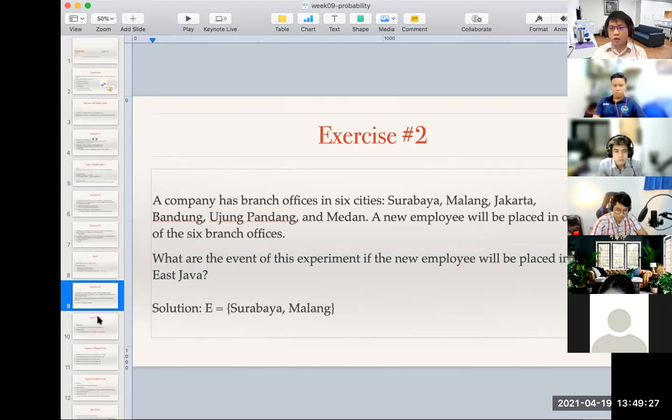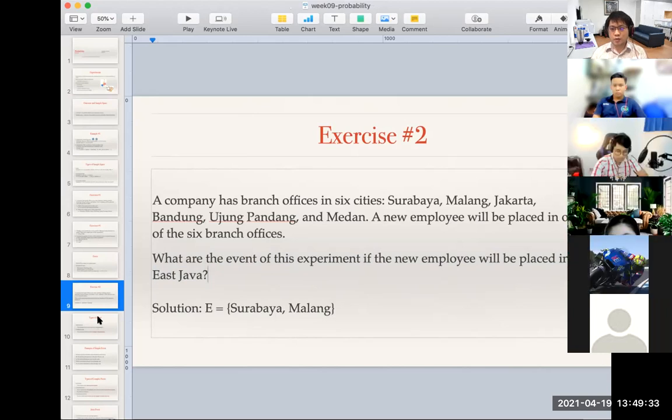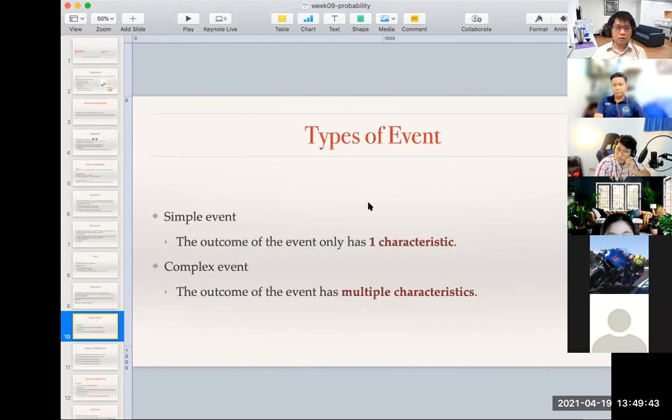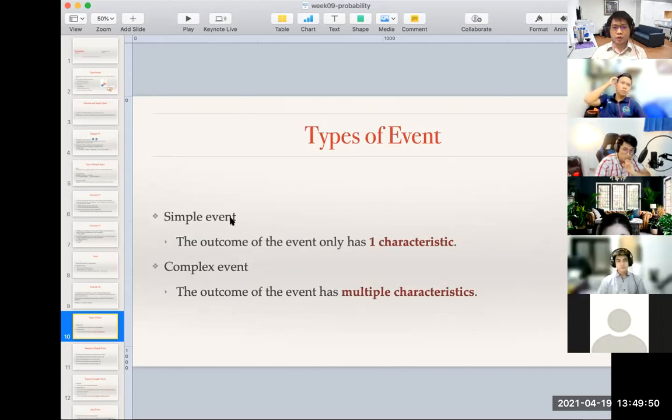Any questions so far regarding event, outcomes, sample space, the types of sample space? No, right? Okay. For the event itself, it can be categorized as a simple event and also a complex event.